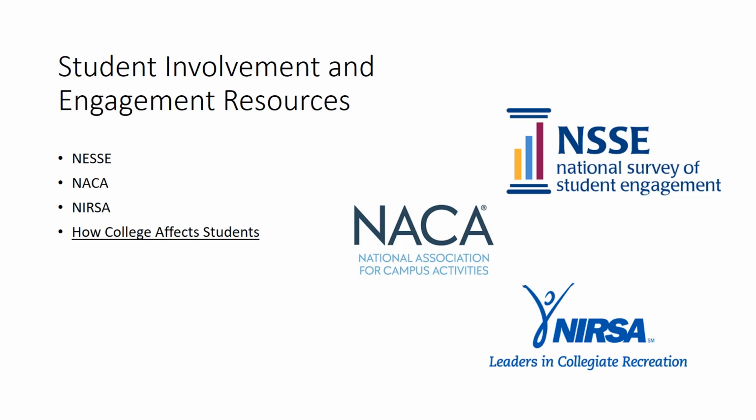And then there's the book, which is kind of the seminal book of student involvement and engagement, called How College Affects Students. Again, Pascarella and Terenzini wrote this. Their first edition came out before 2000, but they revamped it in 2005, which is the most recent version, to take into account changes that have happened over the years.